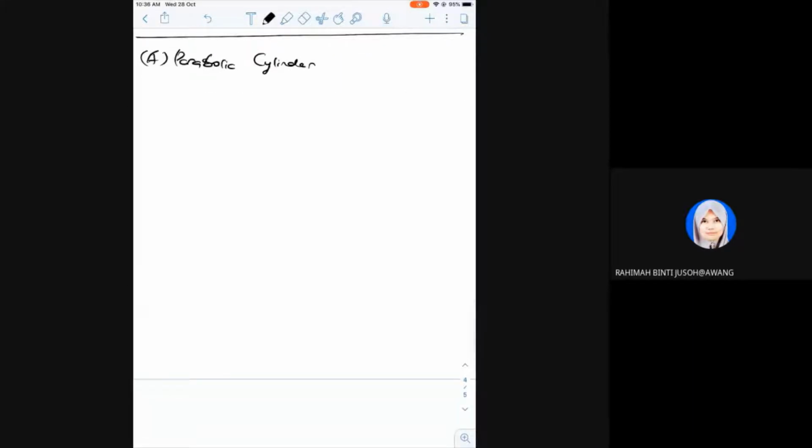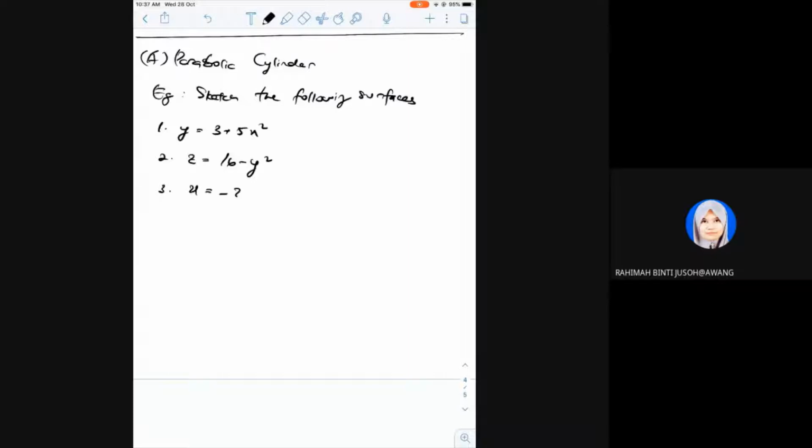For example, sketch the following surfaces. Copy this, please. Number 1, y equals to 3 plus 5x squared. Number 2, z equals to 16 minus y squared. And number 3, x equals to negative z squared.